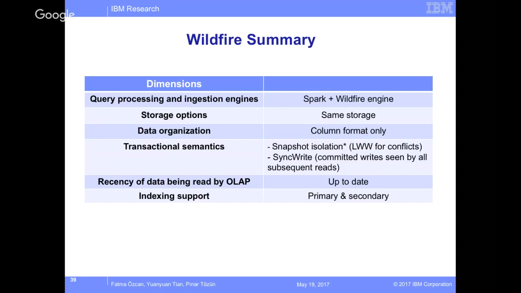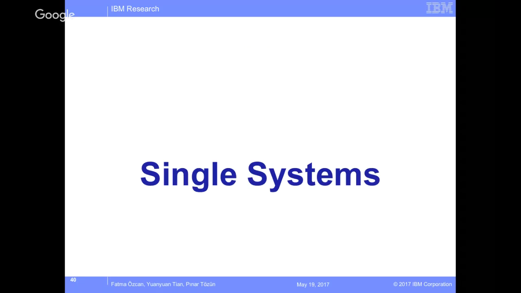It provides two levels of transaction semantics: snapshot isolation with last writer wins for conflicts, and the sync write for a higher level of isolation. And you can get up-to-date data for OLAP queries, and it supports both primary and secondary index. Okay, so that's all about the tightly coupled system.